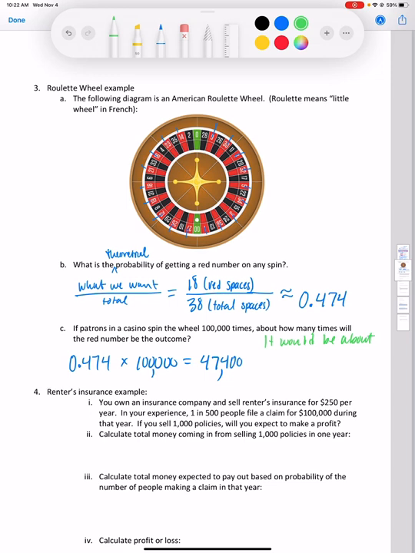The red number will come up about 47,400 times, but not exactly. We can expect it to be about that much.